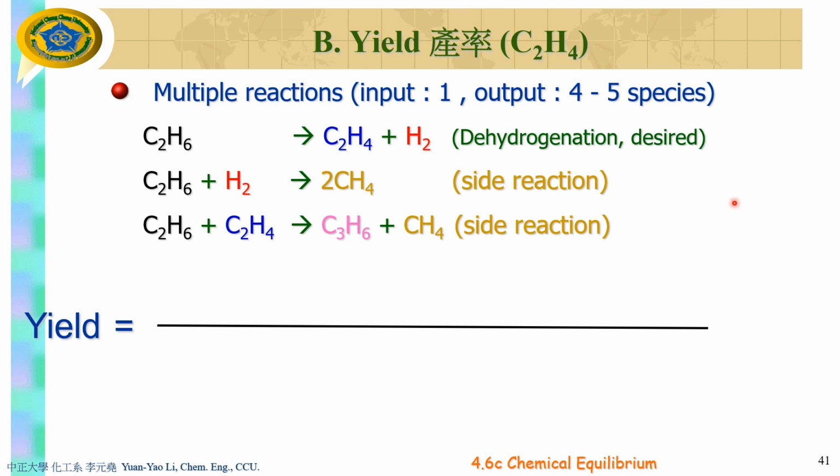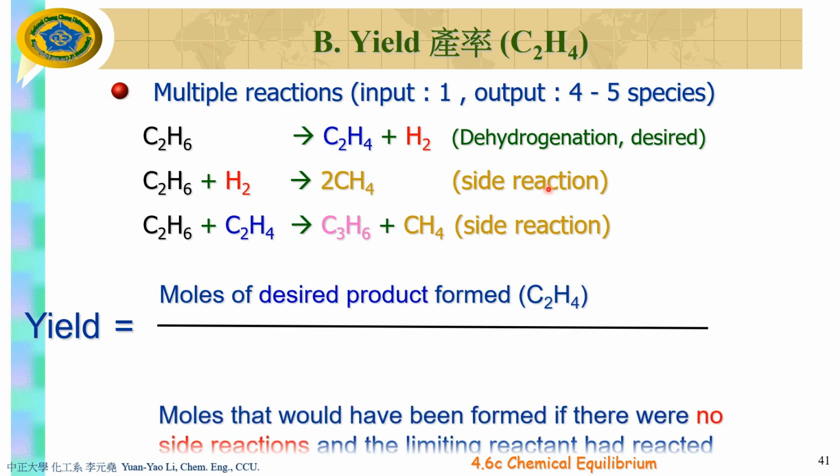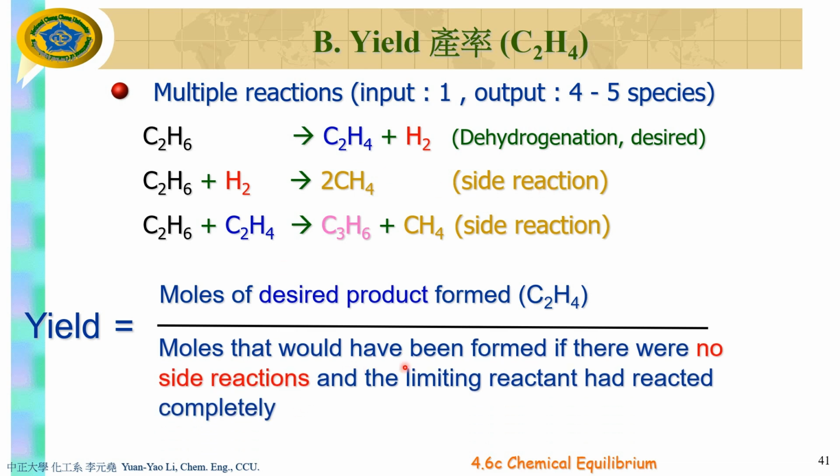So the definition of yield is that the moles of the desired products formed, so this is how many moles of C2H4 in these three reactions, divided by the moles that would have been formed if there were no side reactions. If there are no side reactions, if you have one more input, you have one more output, right?